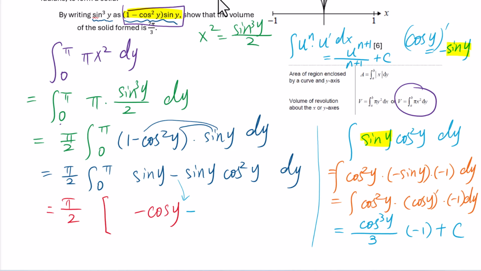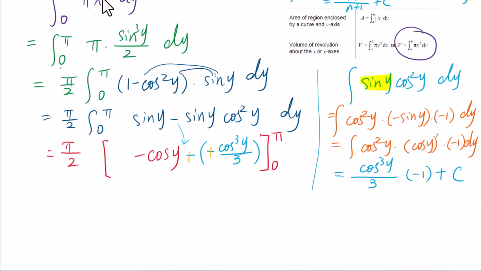Here it's minus, parentheses, negative cosine to the third power y over 3, bracket from 0 to pi. Negative is a positive. Let's work this out first.